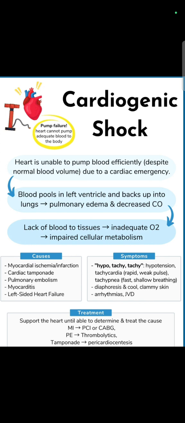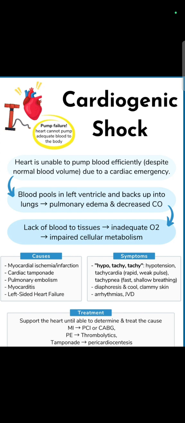As already said, when the heart is not able to pump blood to different parts of the body, there is low cardiac output, which also leads to low blood pressure, because the heart is not able to pump blood out.